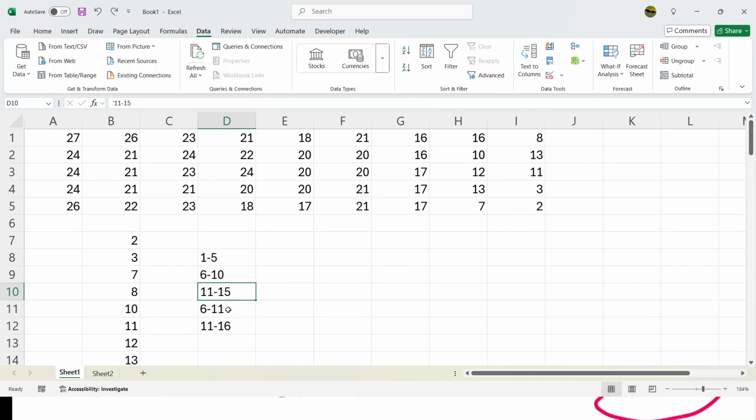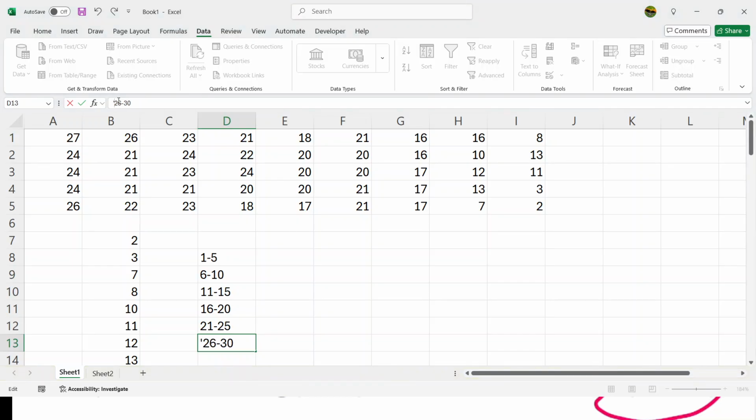Okay, let me do it manually. Class 16 to 20, class 21 to 25, class 26 to 30.